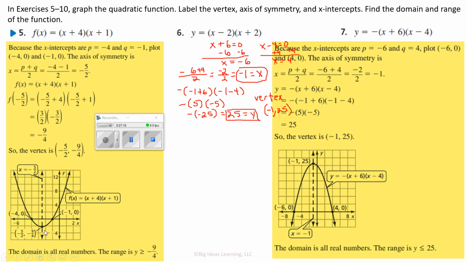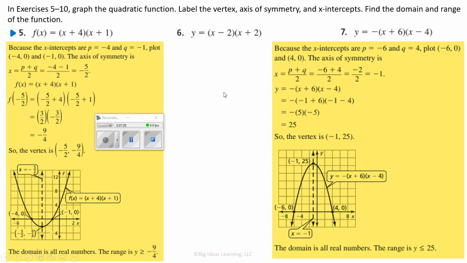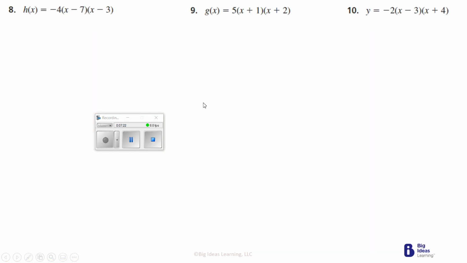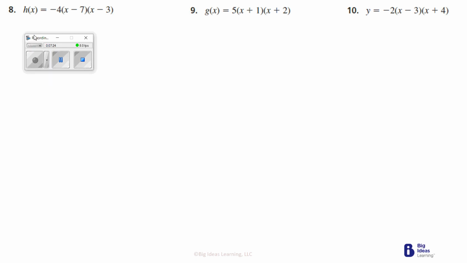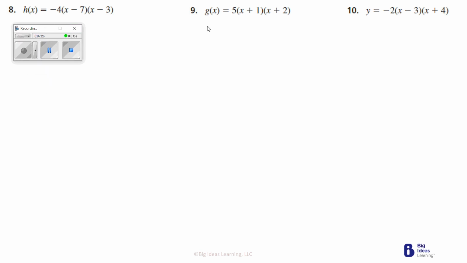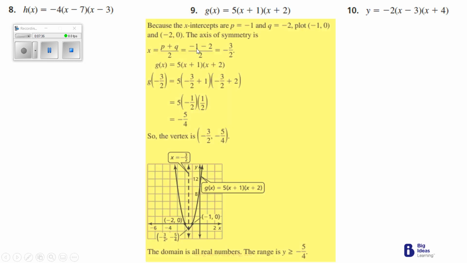Let's go ahead and get to number 8 or number 9. All right, number 9, I'm not going to write this one out because I did it last time. Again, we know our x-intercepts are going to be negative 1 and negative 2. When we add them together, we get negative 3. And then we divide by 2, we get negative 3 over 2. We're going to plug negative 3 over 2 into our problem.